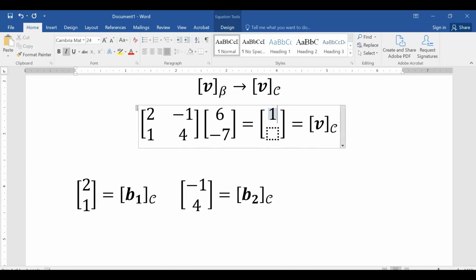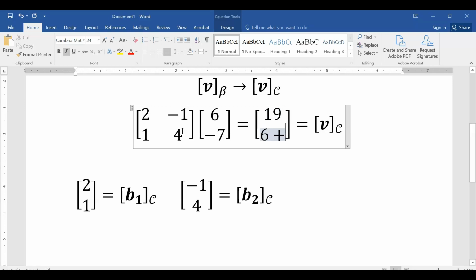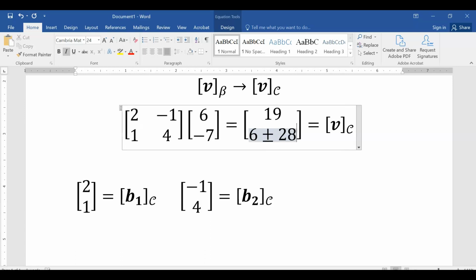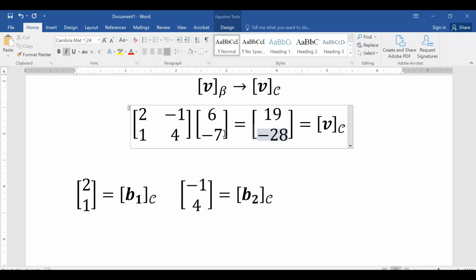That gives us a 19. Then we're going to take 1 times 6 is 6, plus 4 times -7, -28. And when we combine those, we get -22.